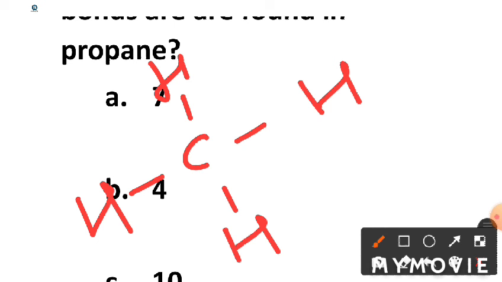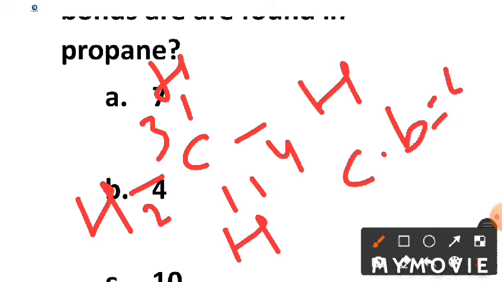It's called a covalent bond. So here carbon and hydrogen are non-metals, so a covalent bond is formed. So here 1, 2, 3, 4. Then the covalent bonds are 4. In this way, in methane only 4 covalent bonds are found.